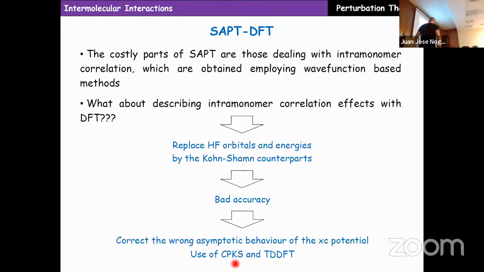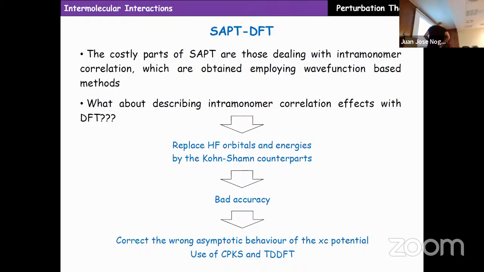With coupled perturbed Kohn-Sham, what we obtain is the static response function. And with the static response function, we have an exact expression to calculate induction. We use in SAPT-DFT this expression of induction in terms of the static response function obtained with coupled perturbed Kohn-Sham, and calculate the induction energy from this expression.